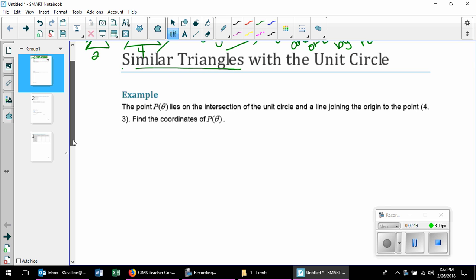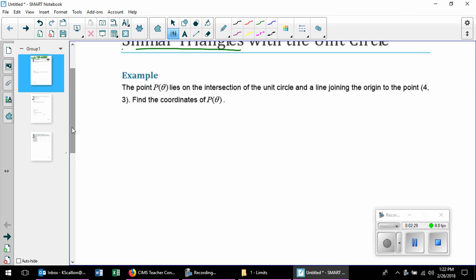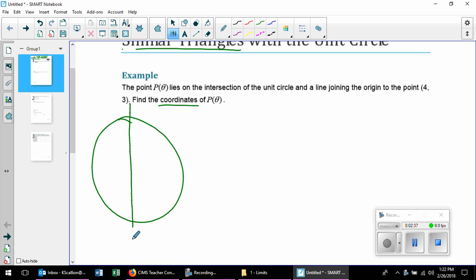Okay, the point P theta lies on the intersection of the unit circle and a line joining the origin to the point (4, 3). Find the coordinates. So we're looking for the x, y of P theta. So does (4, 3) lie on the unit circle?